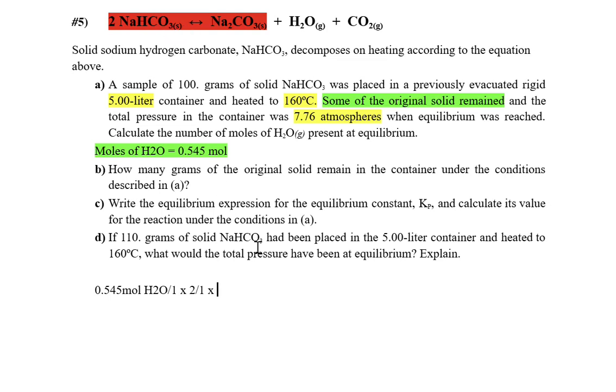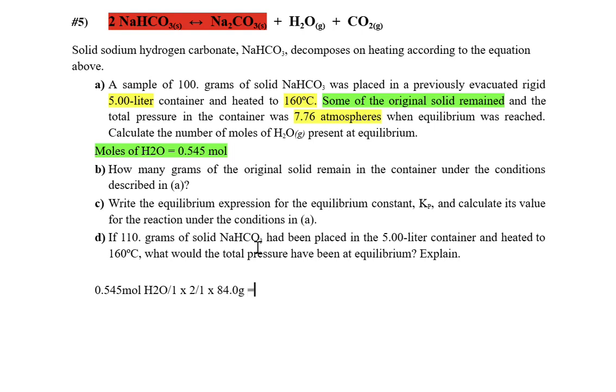I had looked this up prior. You can obviously use your periodic table to figure this out during the test. So the molar mass of NaHCO3 is 84.01, but I think the answer key used 84.0, so that's what we're going to use for this part of the problem. So we have times 84.0 grams.